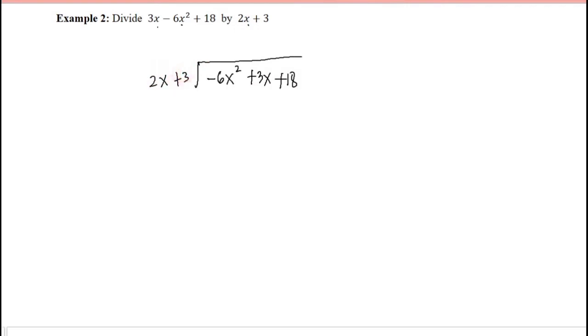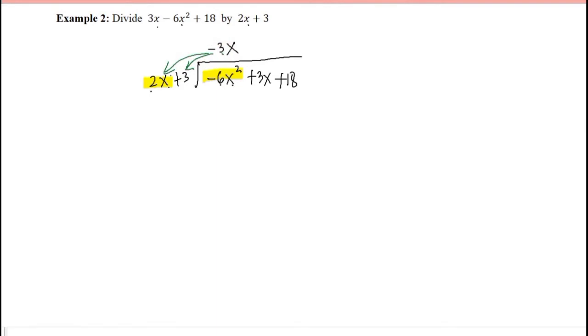So the first thing we do is to divide the first term by the first term. So we would have negative 6 divided by 2 is negative 3. X squared divided by x is x. So that's just 2 minus 1. And then we are going to multiply our answer here by these two terms.